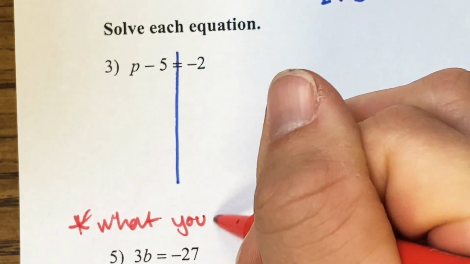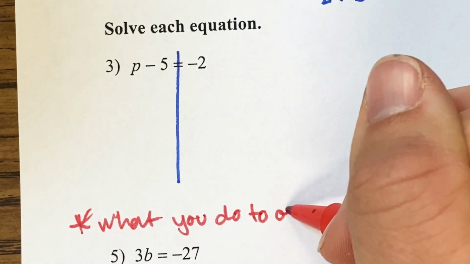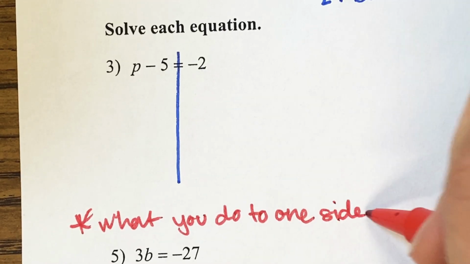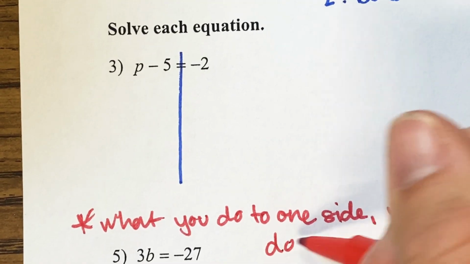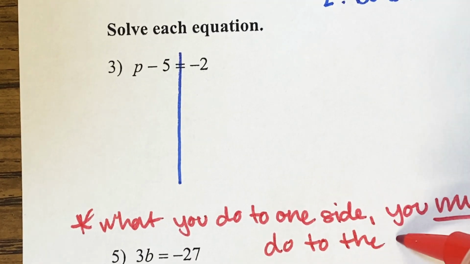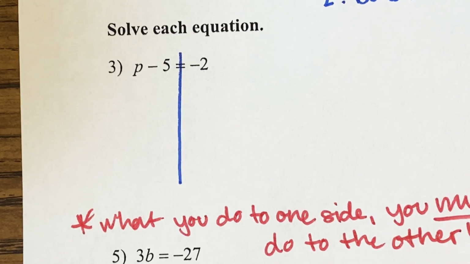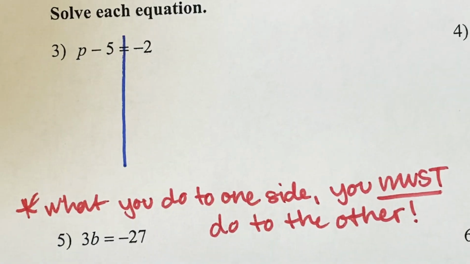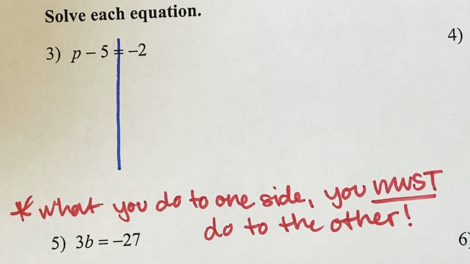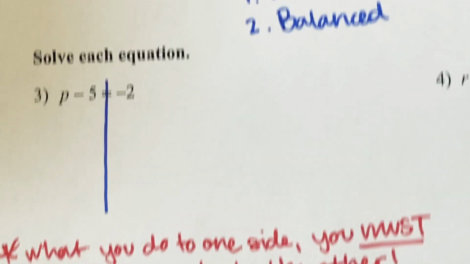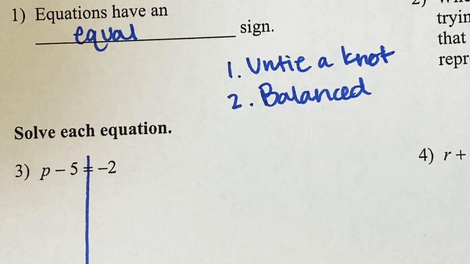What you do to one side, you must do to the other. You do the same exact thing to both sides. Now you can see it. What you do to one side, you must do to the other in order to keep it balanced.